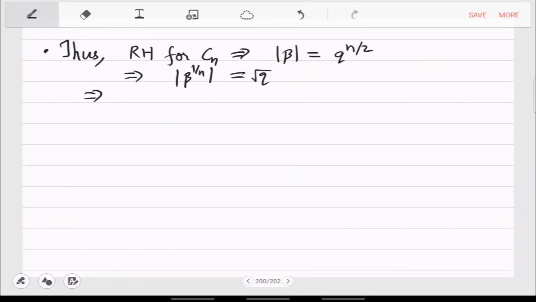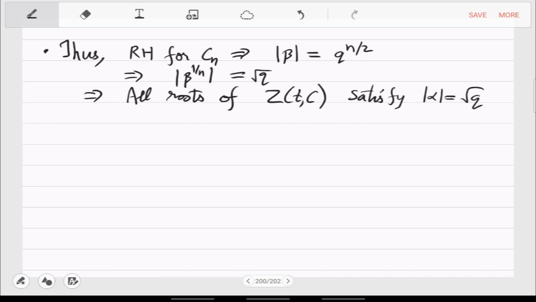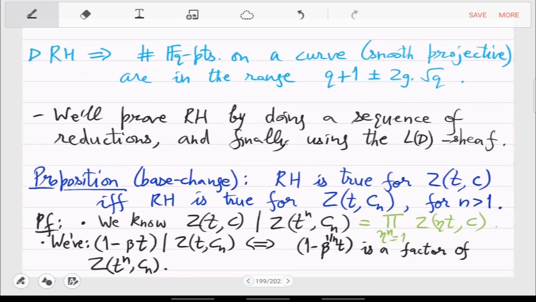Which implies that all roots of Z(t, C) satisfy this, which implies Riemann hypothesis for the original curve, right? Because every 1 minus alpha t that divides Z for curve C also divides the right hand side, and we have that information.